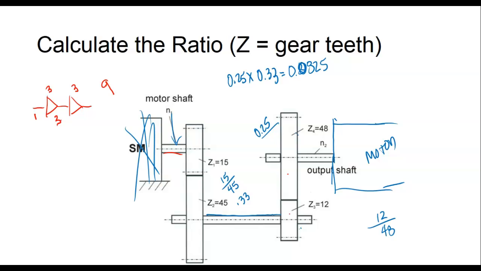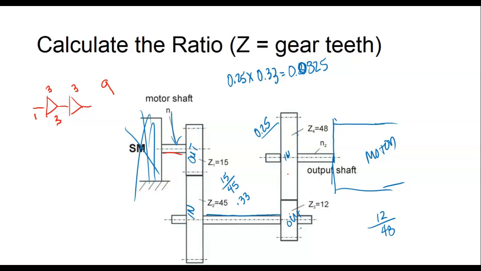You're calculating how much torque in, torque out. It's still out over in. So this is in, this is out. Over here, for this gear, this is in, and this is out.